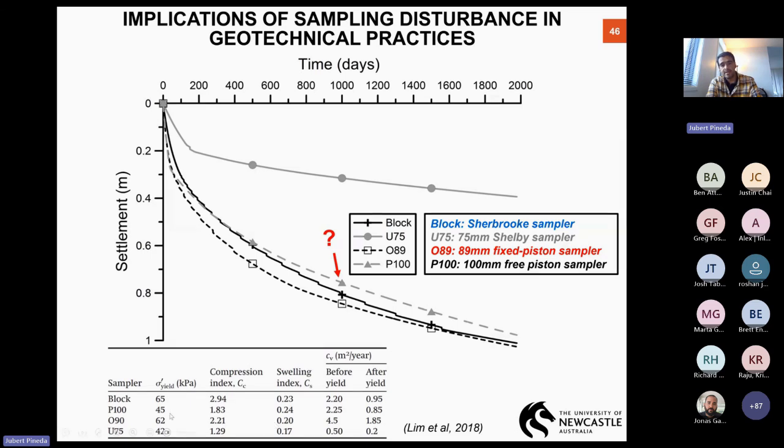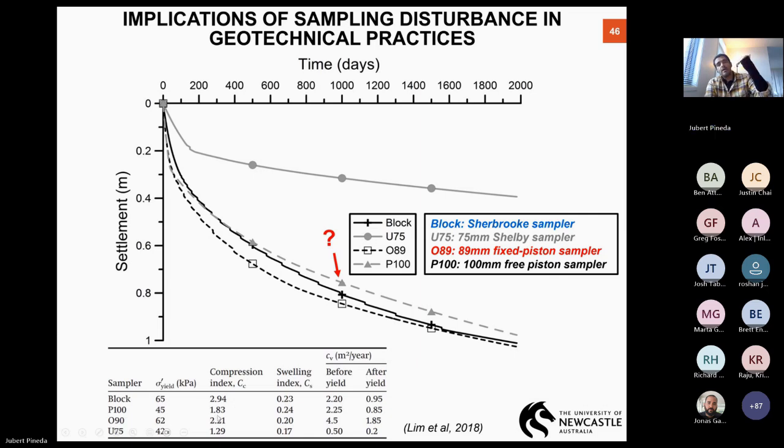The reason for this kind of good agreement, which is not true, between the free piston and the block and the fixed piston is because of the compensation between the really low preconsolidation stress for this sample, 45, which is compensated by the very low compression index here.